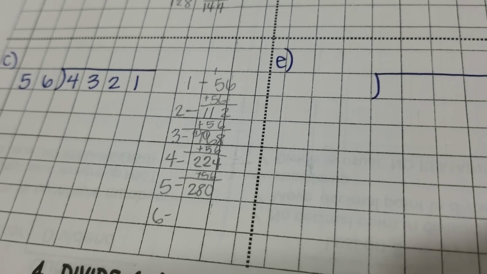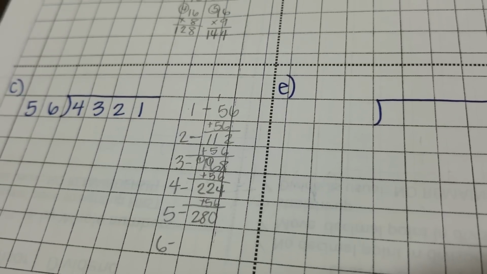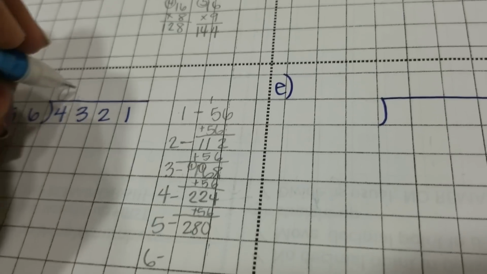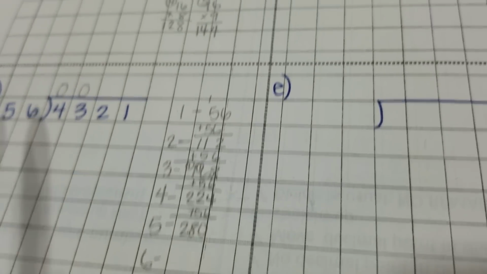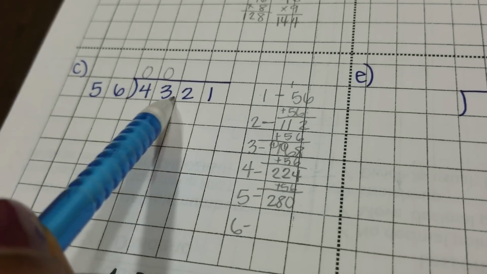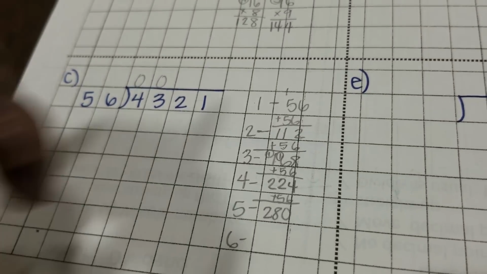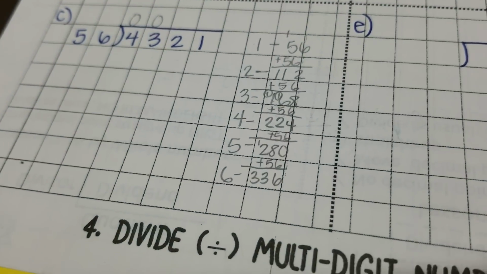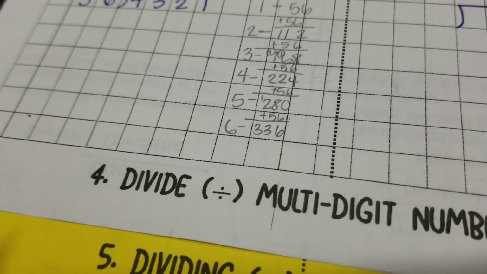We're trying to get to 432, right? 56 does not go into 4. 56 cannot go into 43. So we're trying to put 56 into 432. So 280 plus 56: 6, 13, carry a 1, 3, 36. We're getting a little bit closer, but we know the biggest number we can get to is 9.